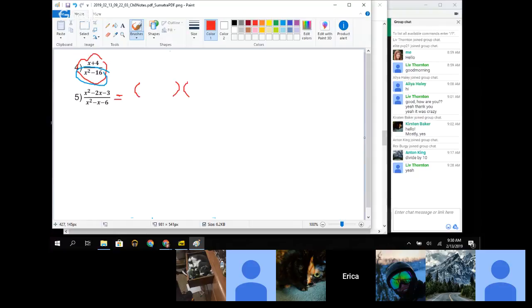Okay, so let's try to factor the top, right? We know it's x squared, so it's going to be x times x. And then in order to get a -3, I know I need 3 times 1. One has to be positive and one has to be negative. Do you remember just looking at this, which one has to be the negative one? Does 3 have to be the negative, or does 1 have to be the negative?